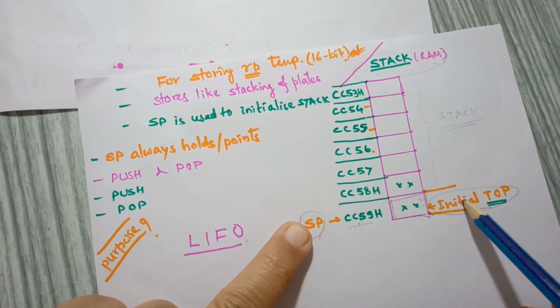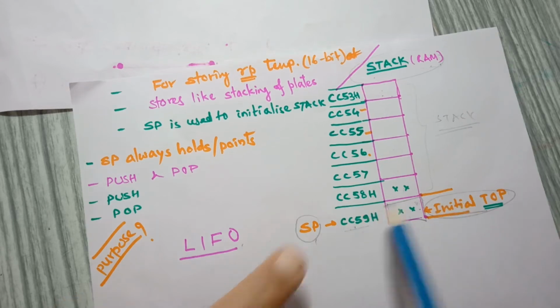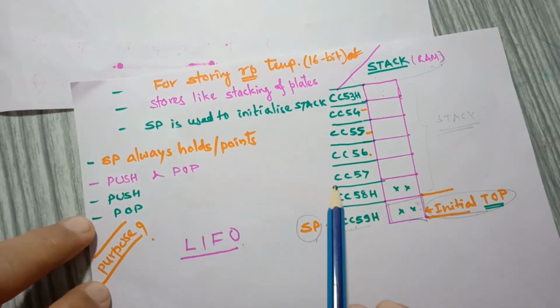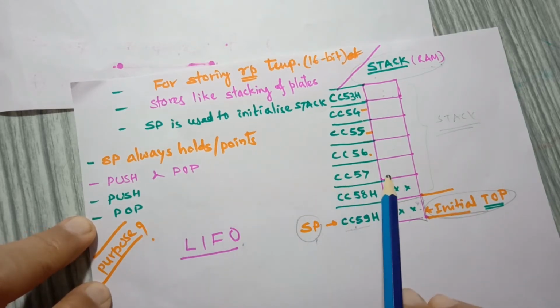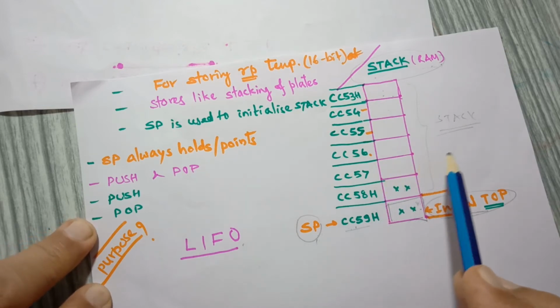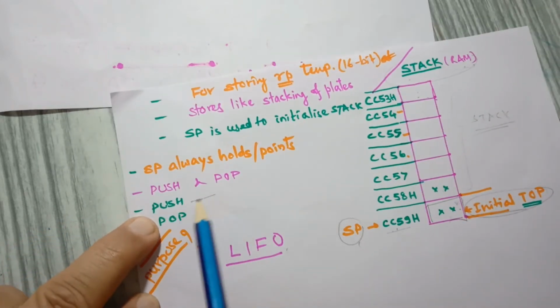स्टॅक वेगळा, स्टॅक पॉइंटर वेगळा. ओके. So there are two instructions which are used for placing the register pair data to the stack, and that is called pushing the register pair.